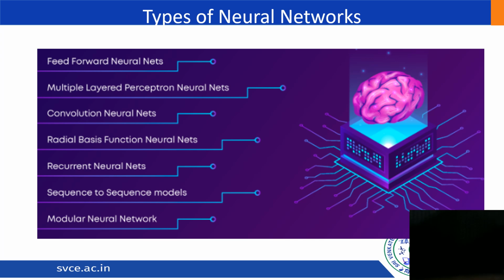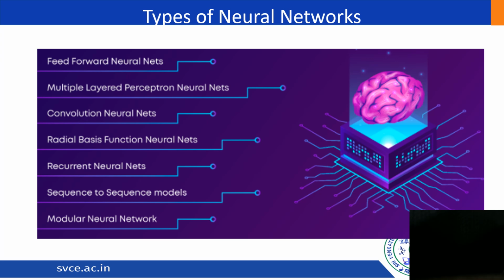It is used in basic classification and regression tasks. Second one, multi-layer perceptron, a type of feed-forward neural network with multiple hidden layers. It uses activation functions like ReLU or sigmoid. It is commonly used in deep learning applications.